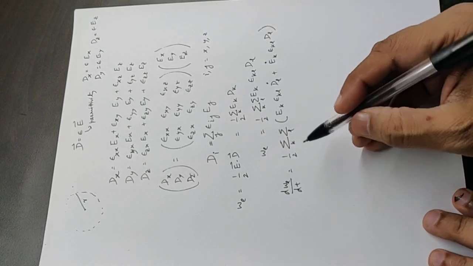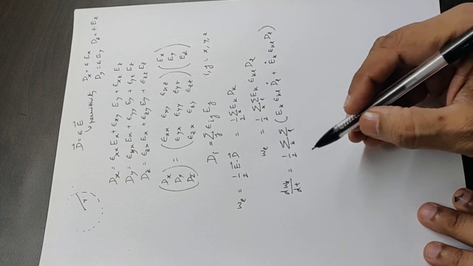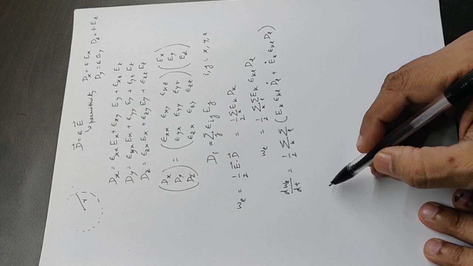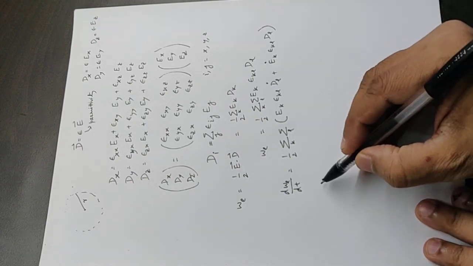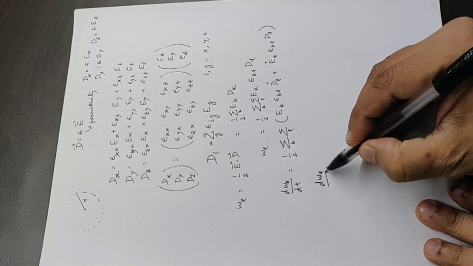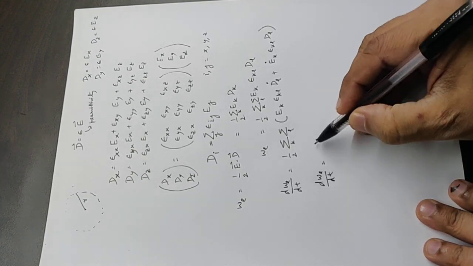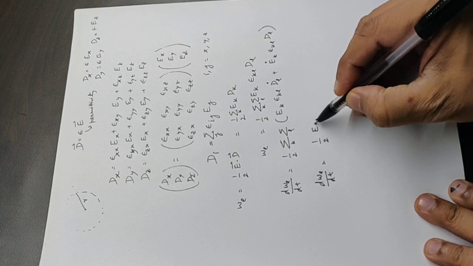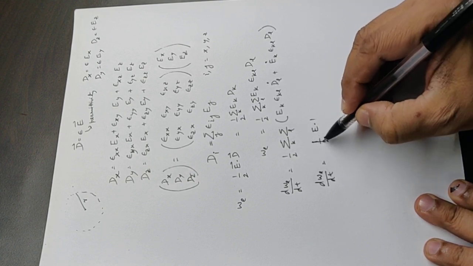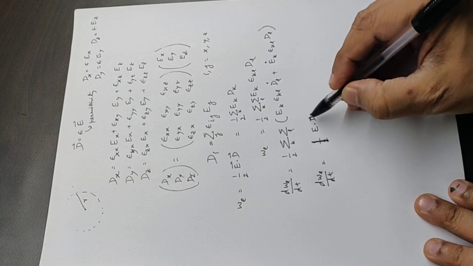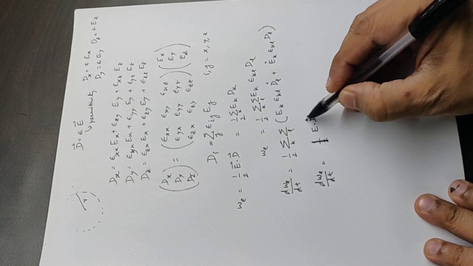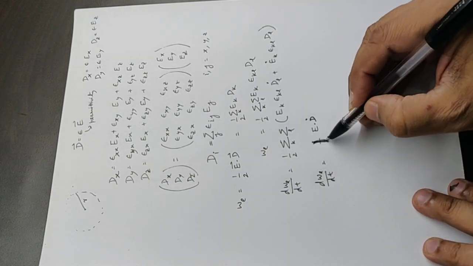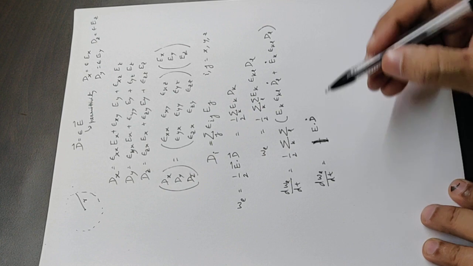But if you remember, while discussing the Poynting vector, we had seen that dWe by dt, the rate of change of electric energy, is nothing but E dot D dot.